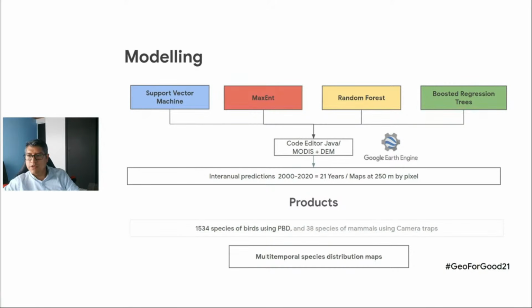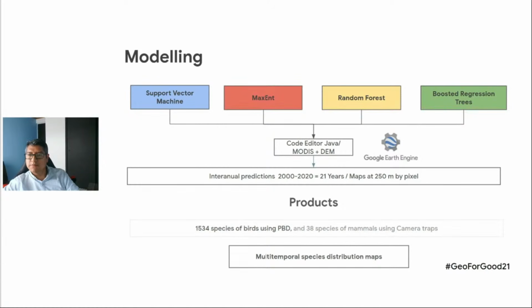The remote sensing data corresponds to MODIS data, for example, the normalized difference vegetation index and a DEM, digital elevation model, which allowed us to calculate distribution maps of birds in a multi-temporal framework from 2000 to 2020 at 250 meters per pixel.